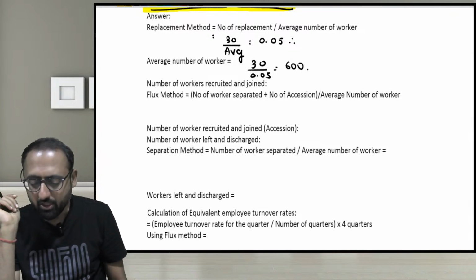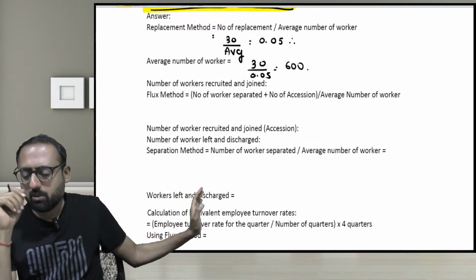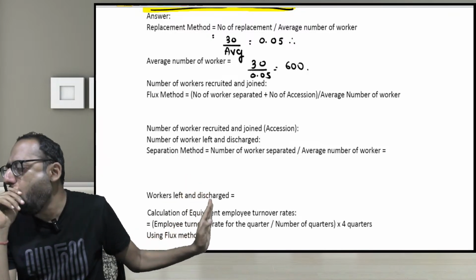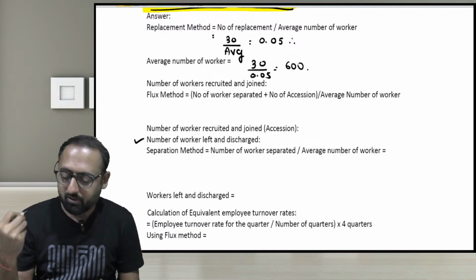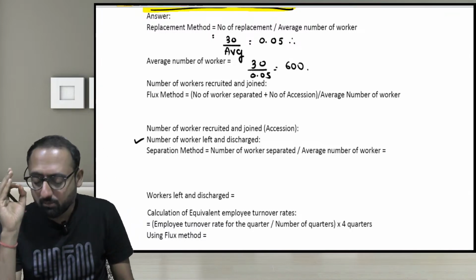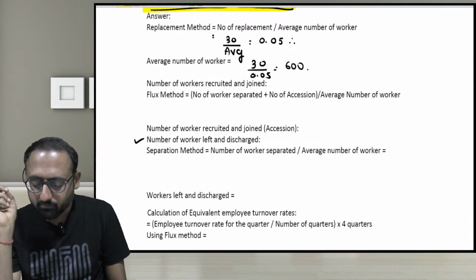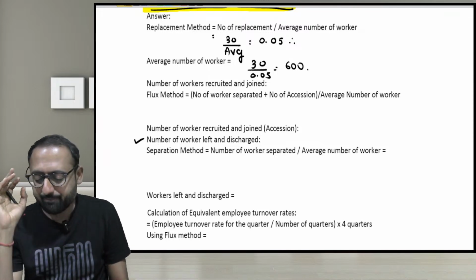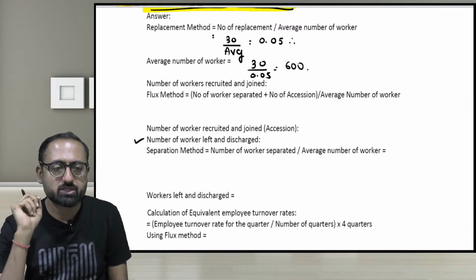Okay. Now first of all, work out the separation method. Number of workers separated divided by average number of workers.